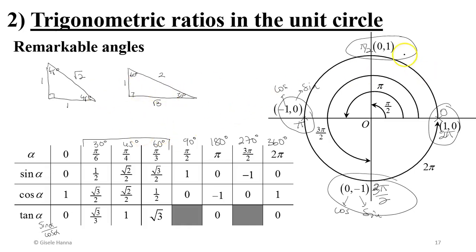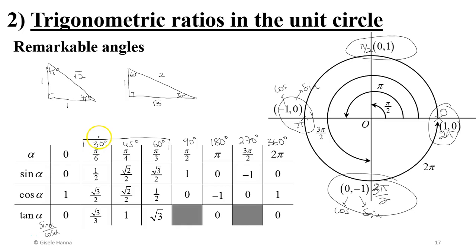All you have to know is, for the special vertices of the circle, just figure out the coordinates for cosine and sine, while for the ones in quadrant 1, which are 30, 45, and 60, all you have to do is just remember these special triangles.